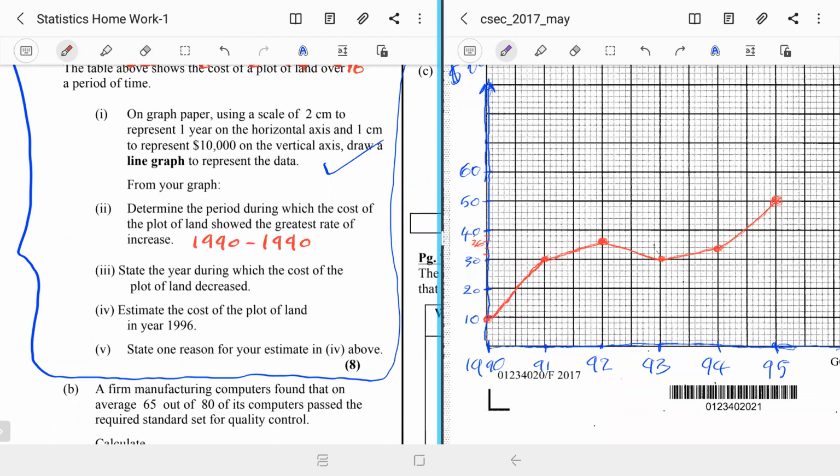Next part now, watch this. State the year during which the cost of the plot of land decreased. Which year did the value and the cost of the plot of land decrease? During which year?